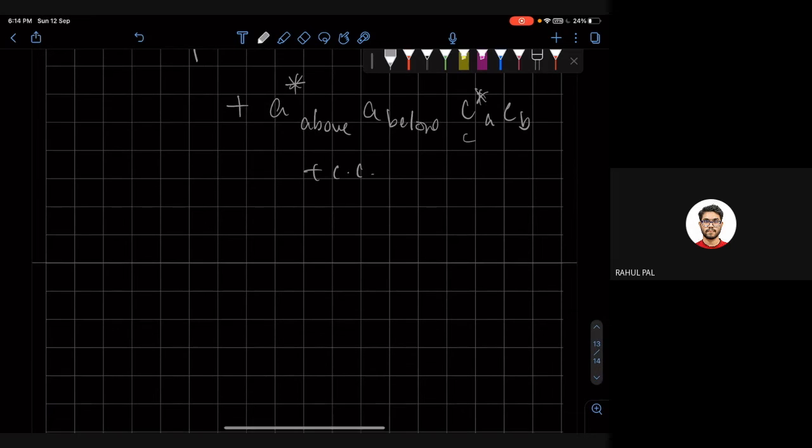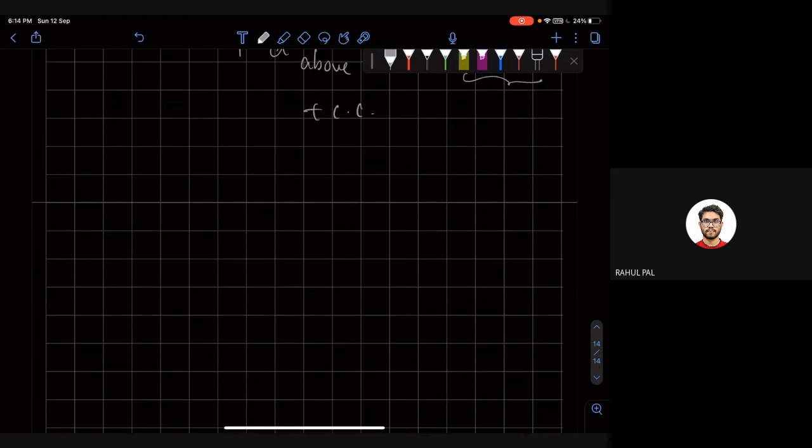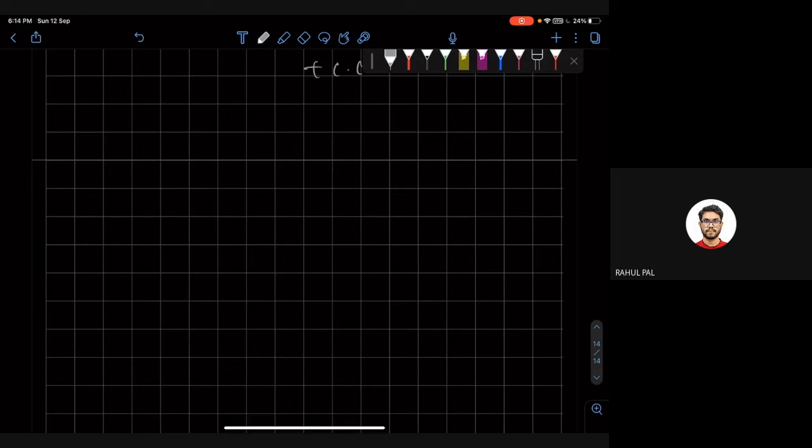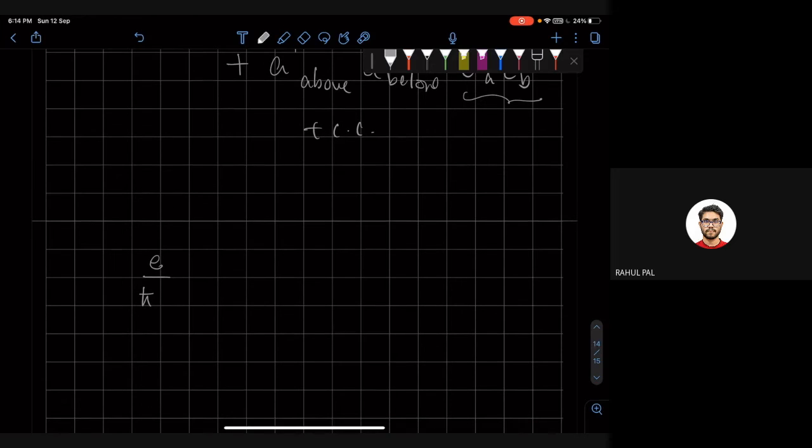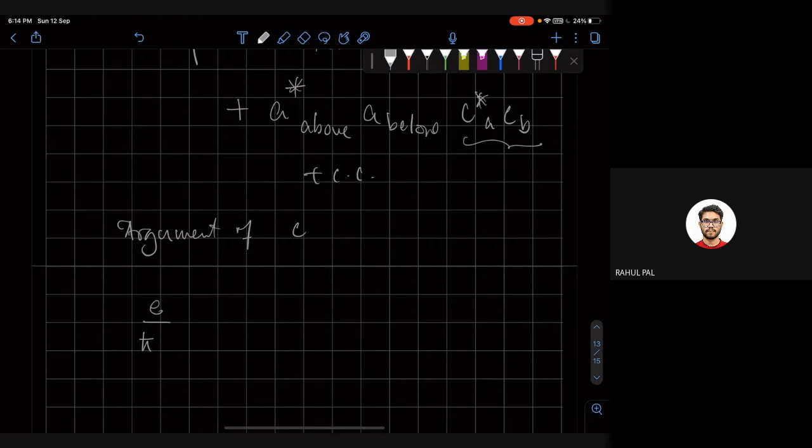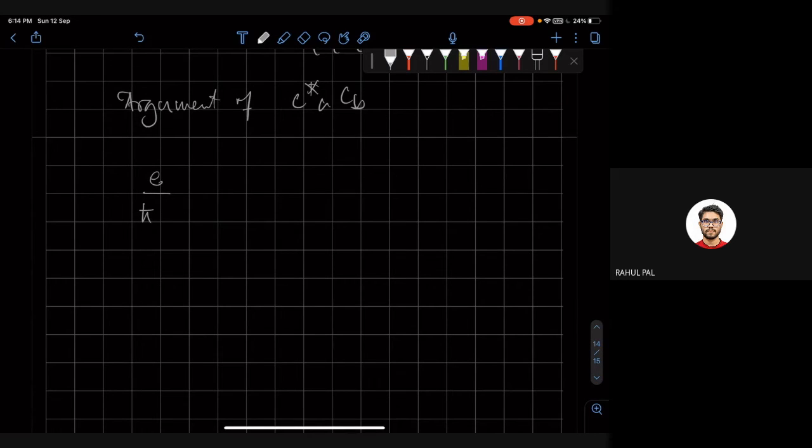Now, if I look at what this thing is, C_A star C_B, then what we see is that it'll have an exponential, and the argument of the exponential, say of C_A star C_B, will have e over h bar c.